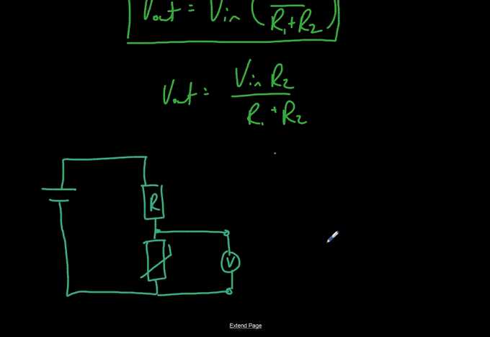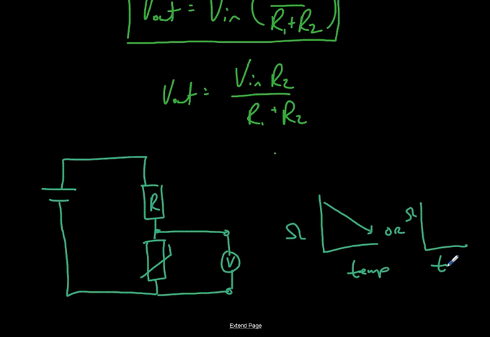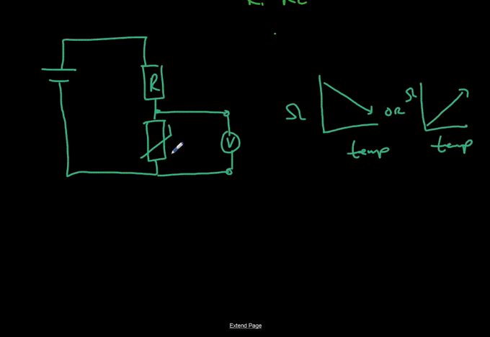Okay. So temp, resistance could be like that, potentially, or like this. I do not believe that there's a set rule for that, although please don't 100% quote me on that. Check your specs.